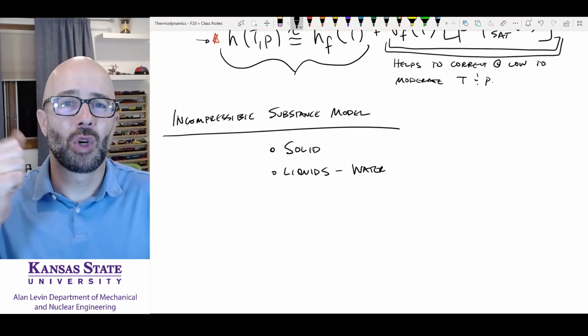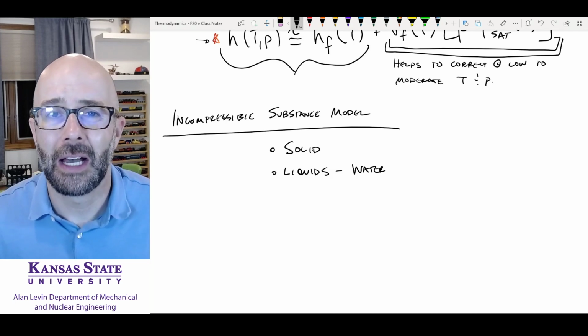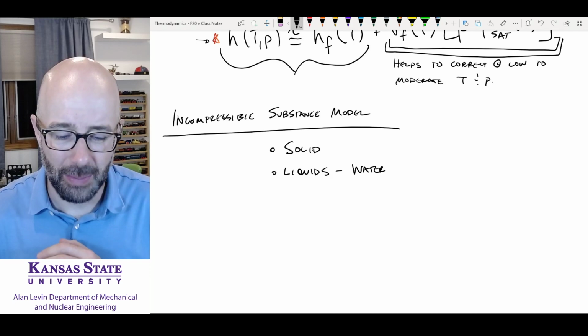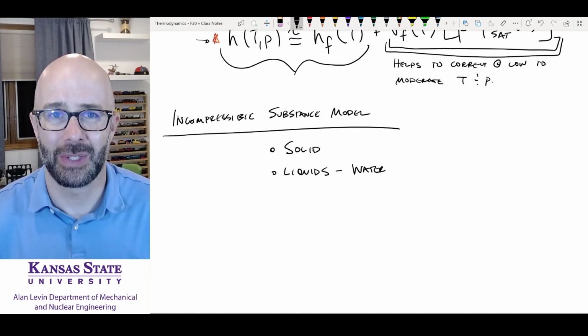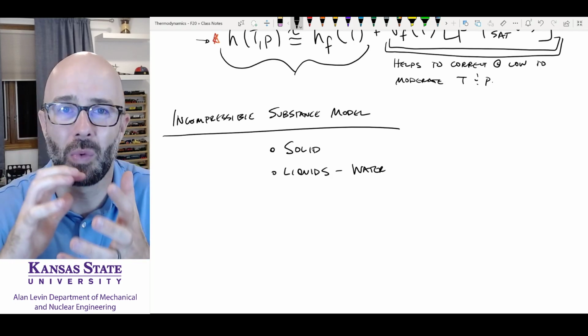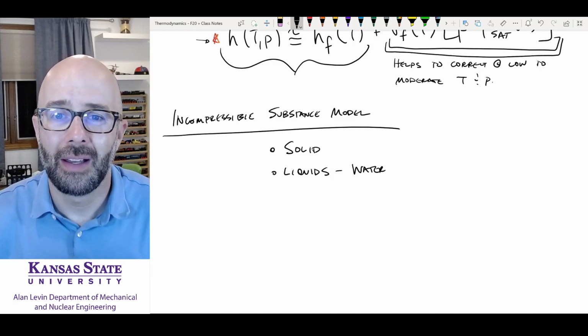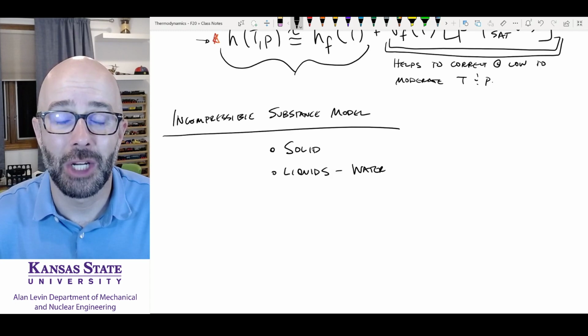That's why, if you've ever heard that water hammer effect in your house, that's what's happening, because that water is so incompressible. I mean, we're talking about gigapascals needed to actually compress water. So for all intents and purposes, we are going to model water as an incompressible substance.